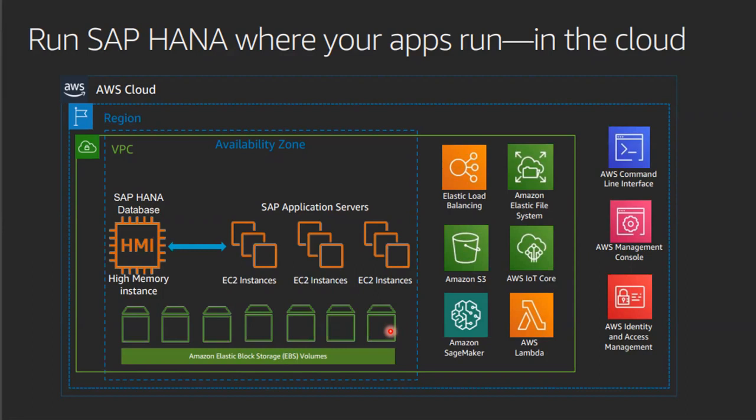Now, when we talk about management, most of the time you'll do management from the AWS Management Console, which is a GUI, and you can manage your AWS resources directly from the console. If you want to execute remote scripts, or if you have to do shell management, you can use command line interfaces, and you can control access to AWS through identity and access management.